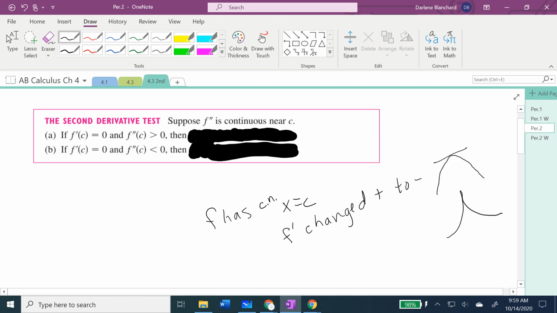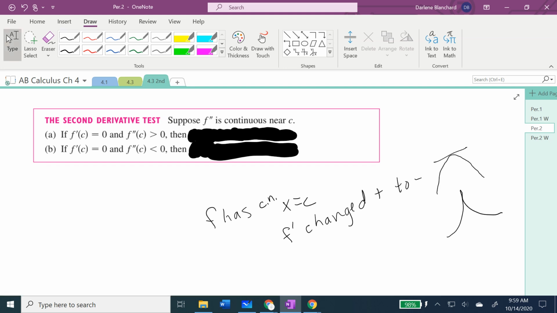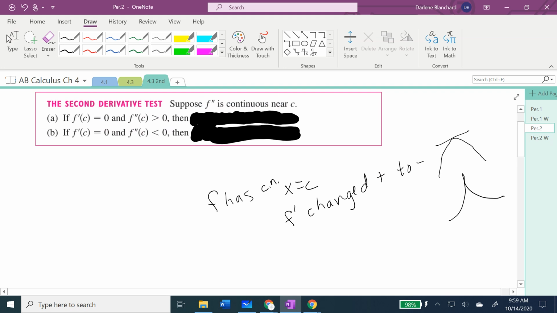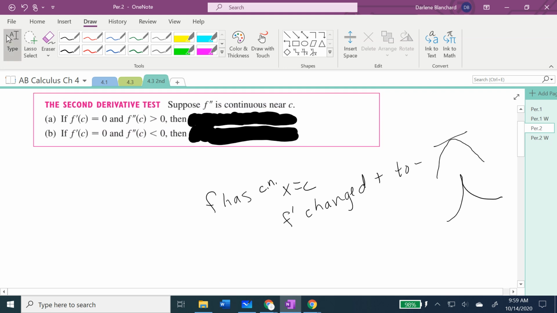And forgive my drawings. I'm trying to draw on a screen, not on flat paper. And then you have a relative minimum if it's negative to positive, and it's neither if it does not change sign.